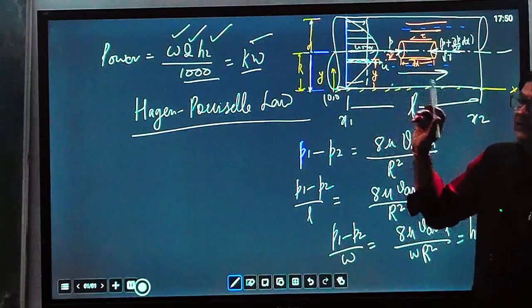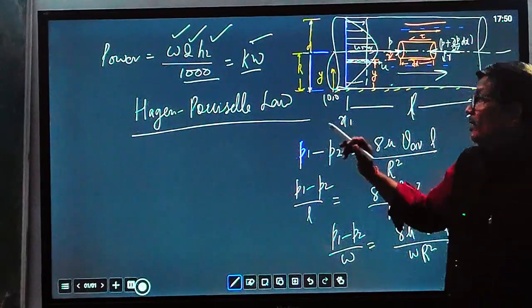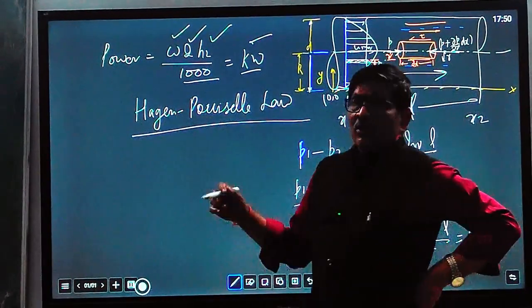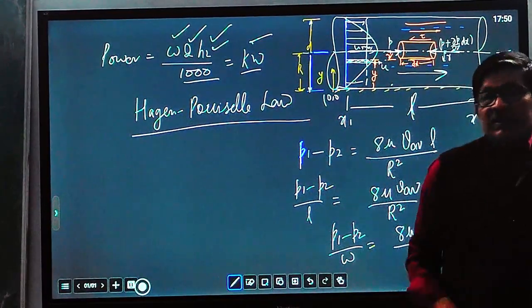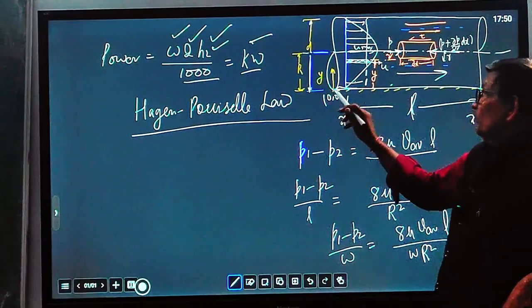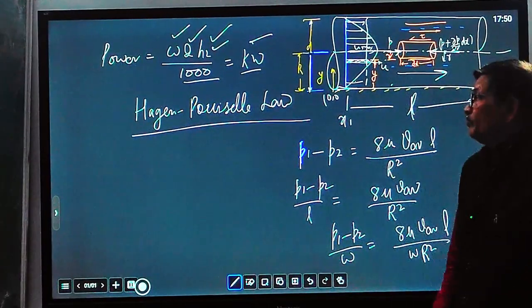Everywhere you will see a pipe. So we have to calculate power required and head loss. Once we know head loss HL, we can find the power required to maintain the flow throughout the length of the pipe.